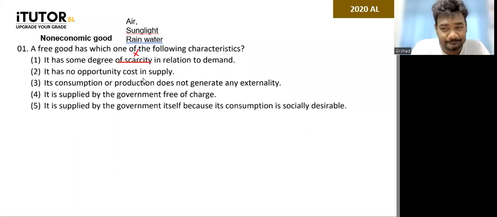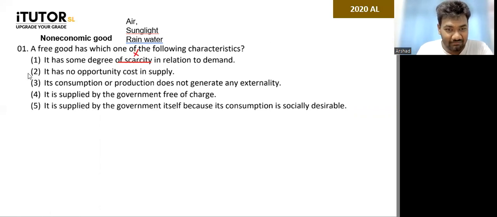Yes or no? There is no real opportunity cost. Just because you get sunlight, are you foregoing or sacrificing something else? Just because you're breathing in oxygen, are you sacrificing anything else? You're really not. So there is no opportunity cost.